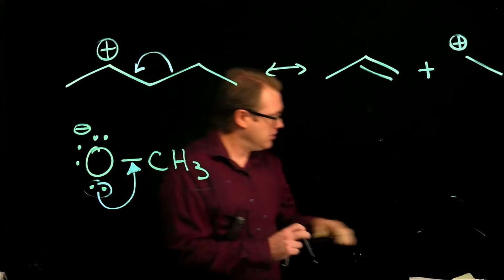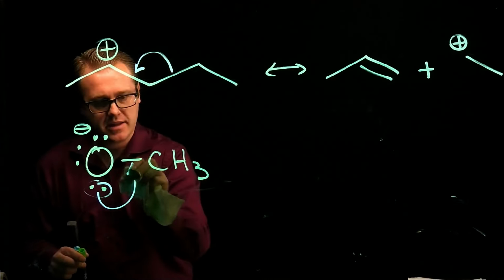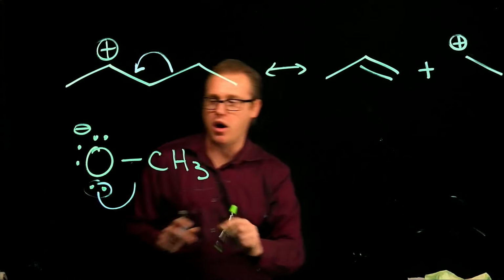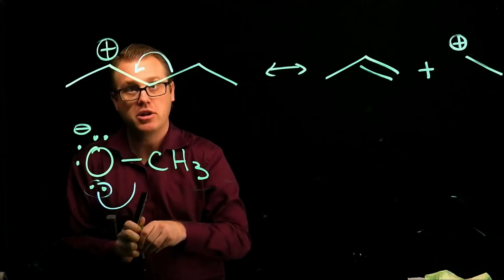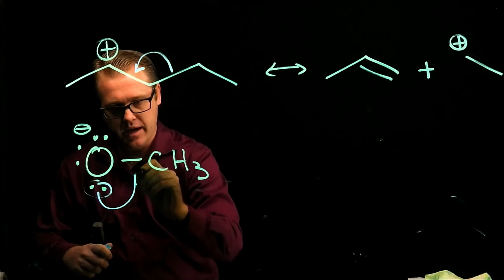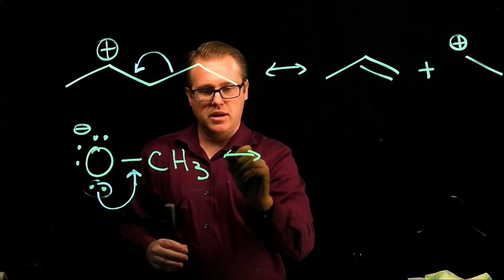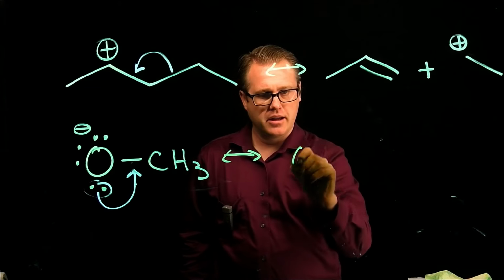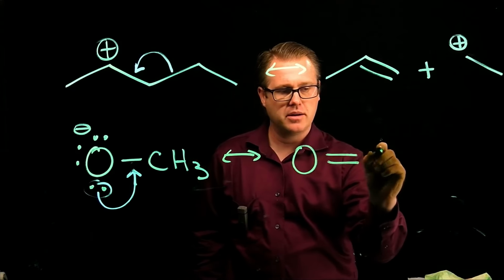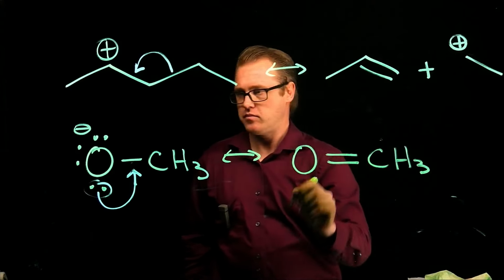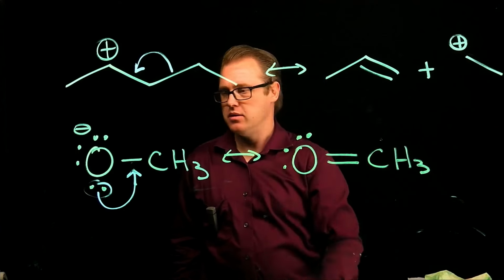Now, let's be consistent here. My double-headed arrows are not filled in. They've been just like that. So let's stay consistent. What would that structure look like? It would be a double bond CH3, double.